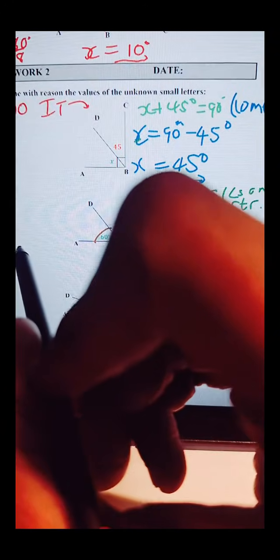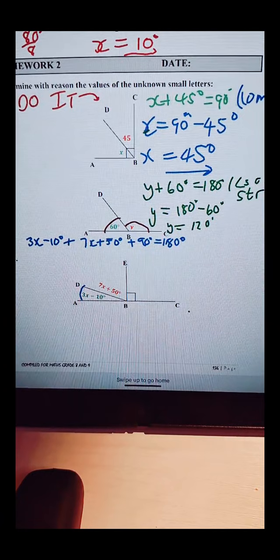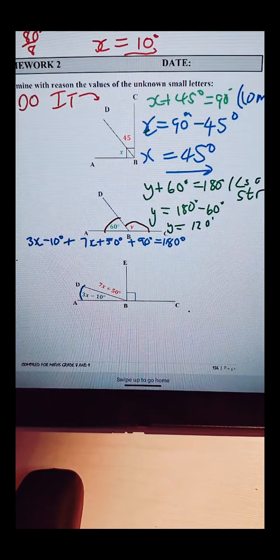Let's just rewrite this. 3x minus 10 plus 7x plus 50 plus 90 is equal to 180.